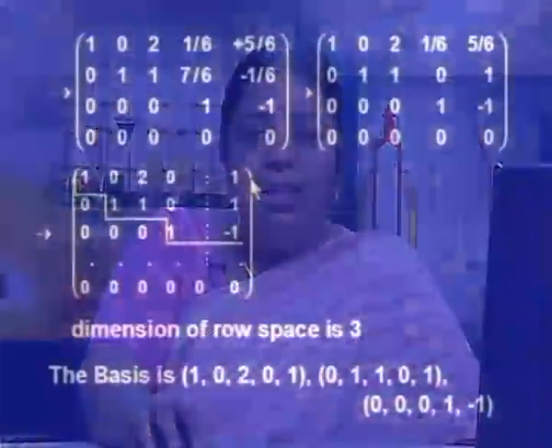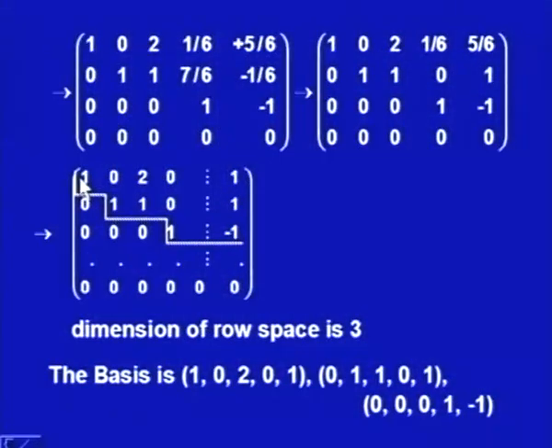The first vector has 1 here, so the first vector is 1 0 2 0 1. This is an element of the basis of the given row space.